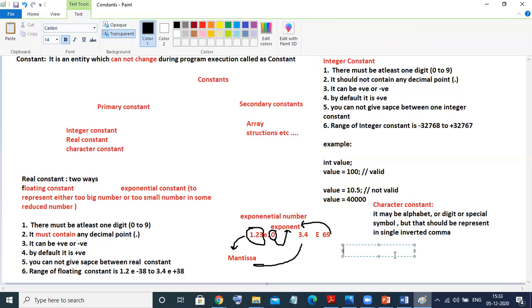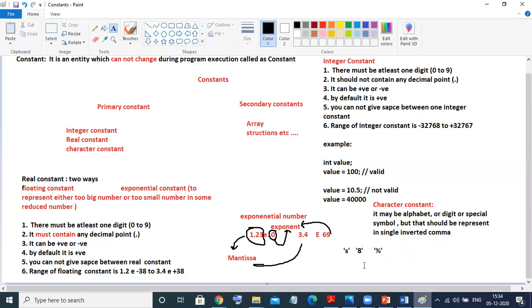For example, in single quotes, 'S' is a character. In single quotes, suppose I'm taking '8', it is a character. In single quotes, any symbol like '%', these are the character constants, not a number, digit, or something else. The moment you have enclosed it in single inverted commas, it has become a character.